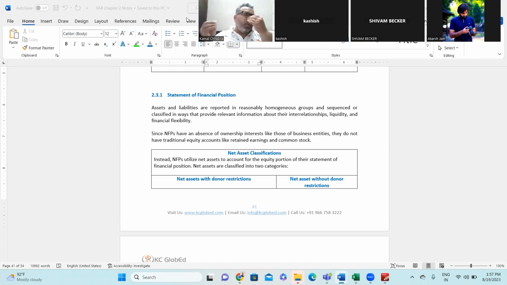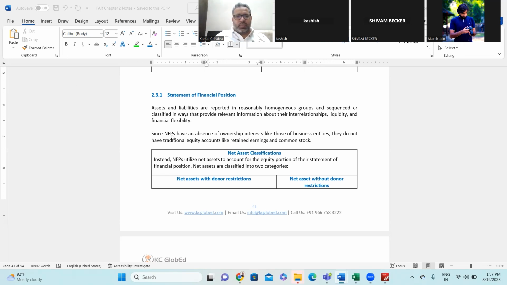When you are depositing that money in the donation box, you will not make any restriction for which this money has to be used. Those monies are considered as without a donor restriction, which they can use for any purpose. That is called net asset without donor restrictions. Make sense?